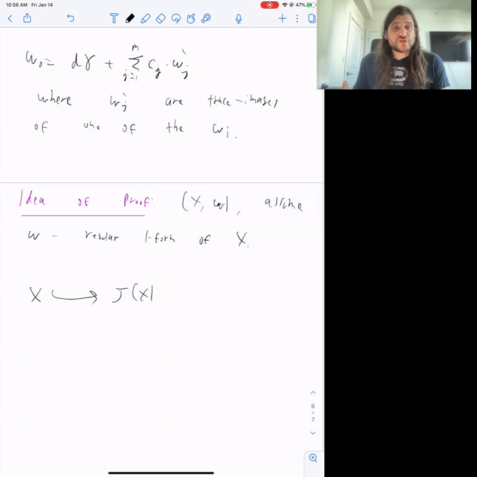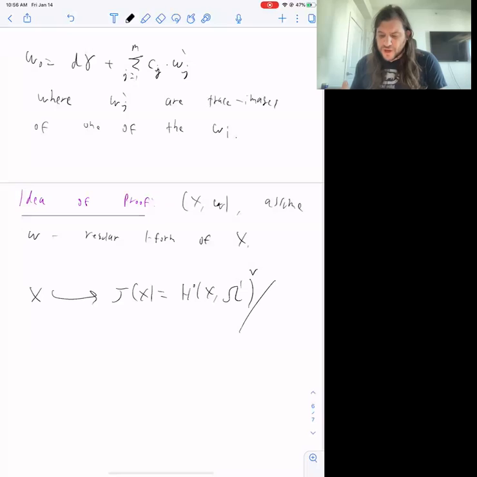Now, what is the Jacobian of X? Well, one way to think about the Jacobian of X complex analytically is you can look at the space of all holomorphic one forms on X, which I'm going to write as H^0(X, Ω^1). This is some g-dimensional complex vector space. You can look at the dual of this space, and you can mod out by periods.